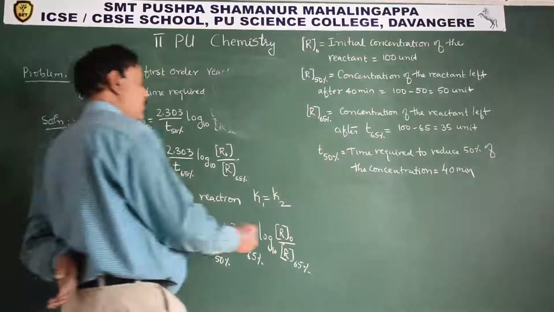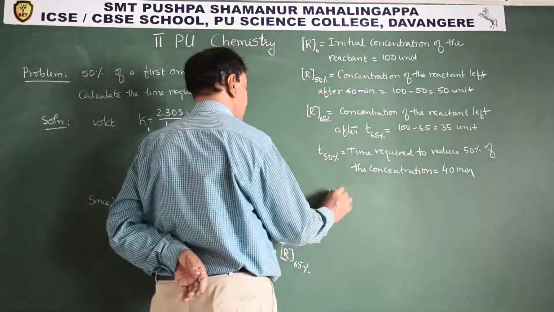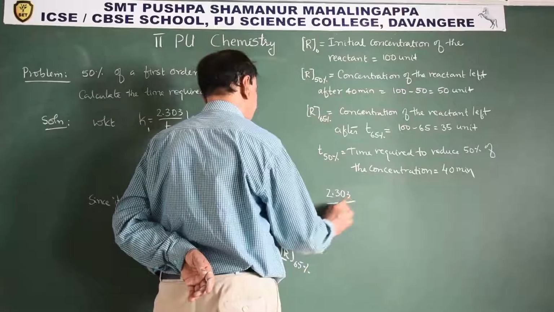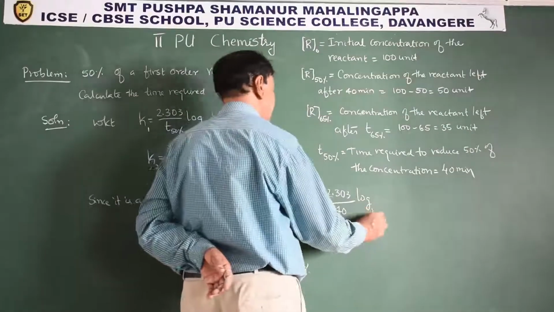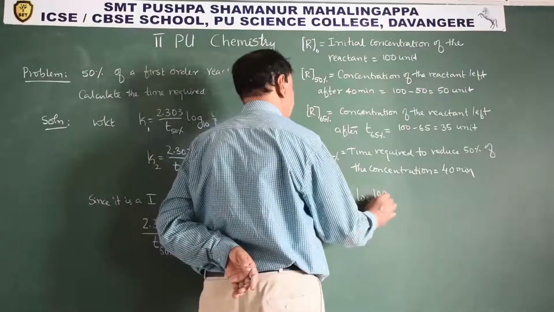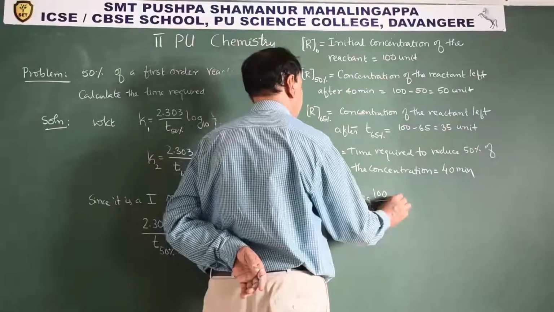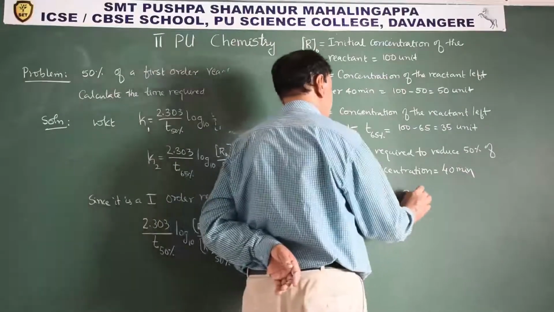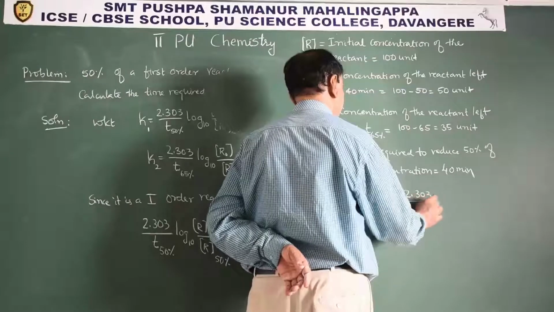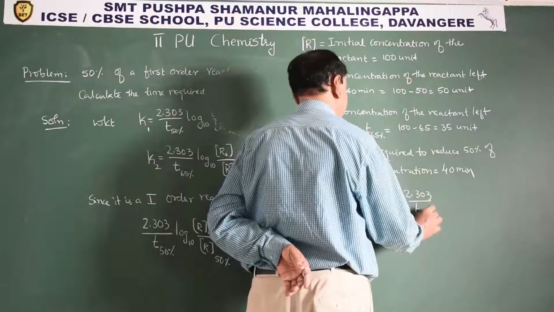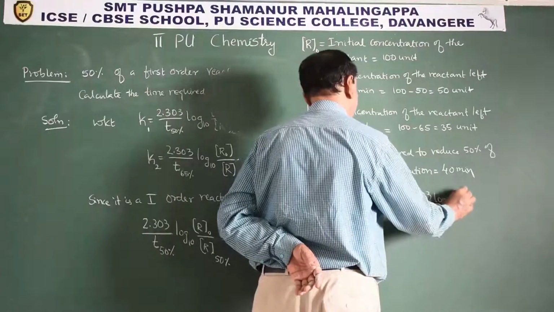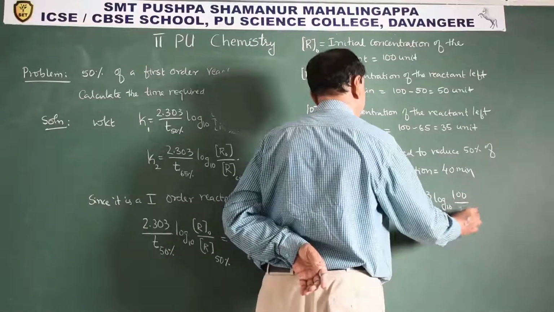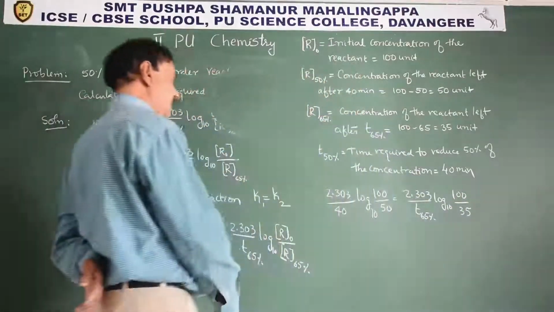Substitute the values: 2.303 divided by 40 into log base 10 of 100 by 50 is equal to 2.303 divided by T65 log base 10 of 100 by 35.